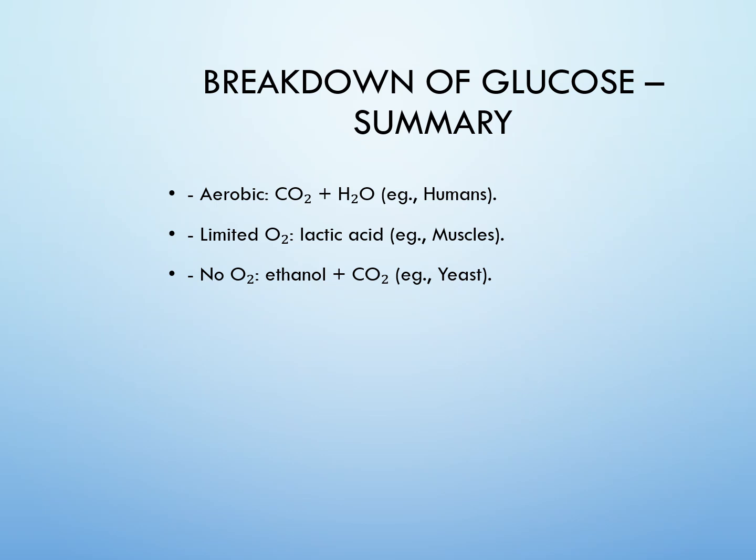In case this pyruvate lacks oxygen, in muscles it leads to the formation of lactic acid. In yeast, it leads to the formation of ethanol and carbon dioxide. Remember, children, in muscles no carbon dioxide is produced along with lactic acid, whereas in yeast, carbon dioxide is produced along with the ethanol.